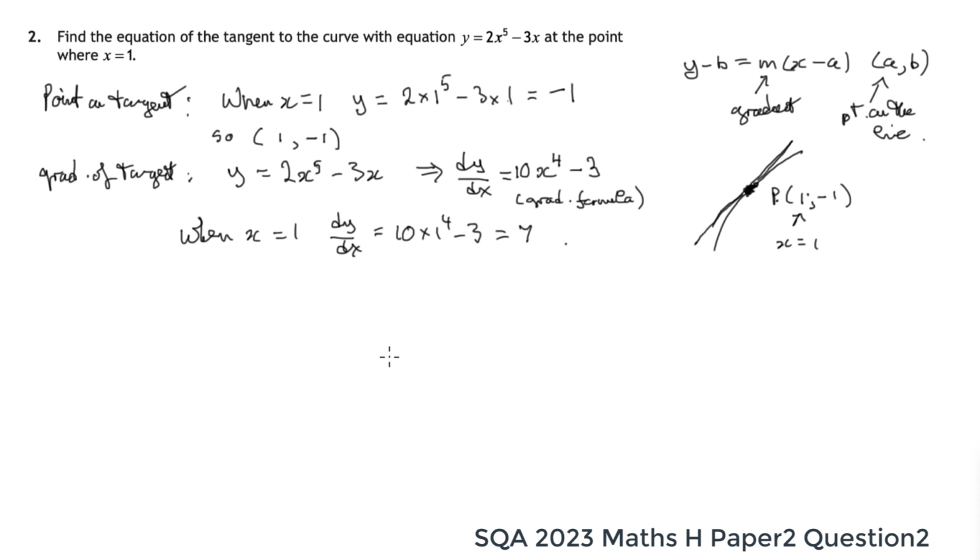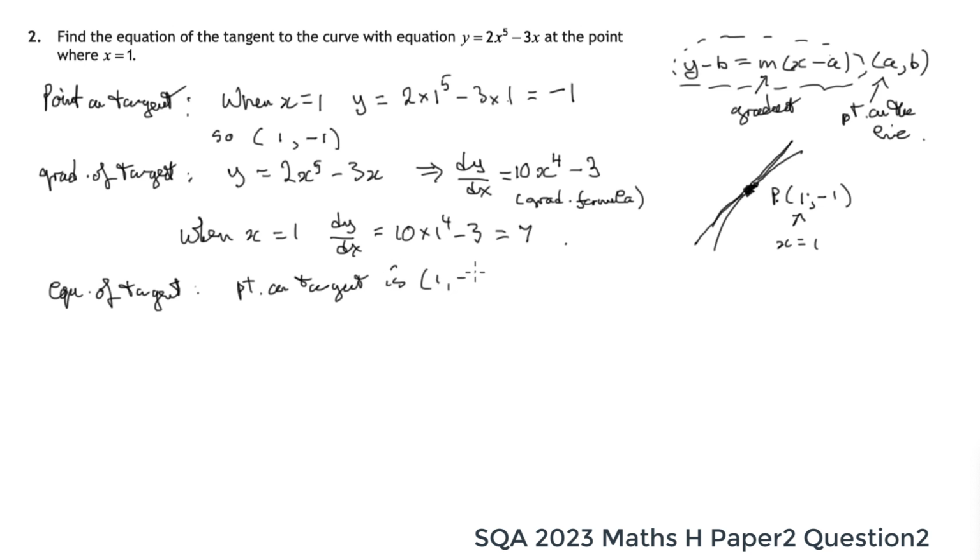So we're now in a state where we can use this formula to find the equation of the tangent. So that's the last stage. So the point on the tangent we've worked out is 1, negative 1. This is what we'll be using. The gradient of the tangent is 7. So that's the formula we use.